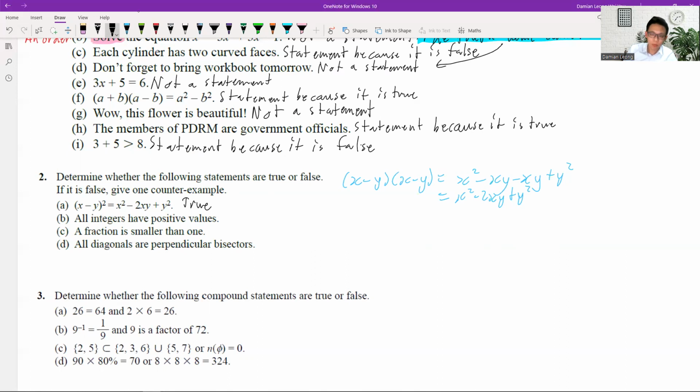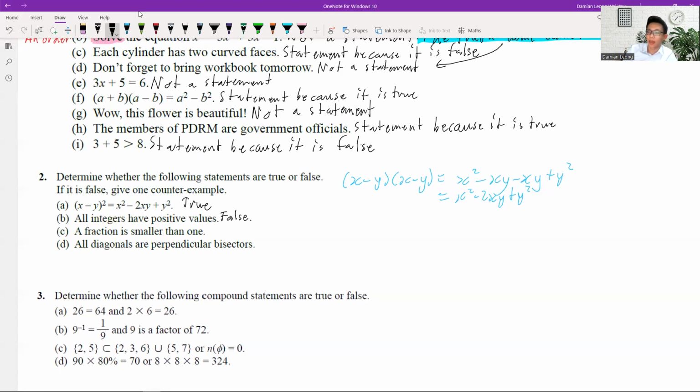Part B, all integers have positive values. That is false. Because there can be negative integers also, and 0 is also an integer. So the example they give can be anything that shows it is not true.